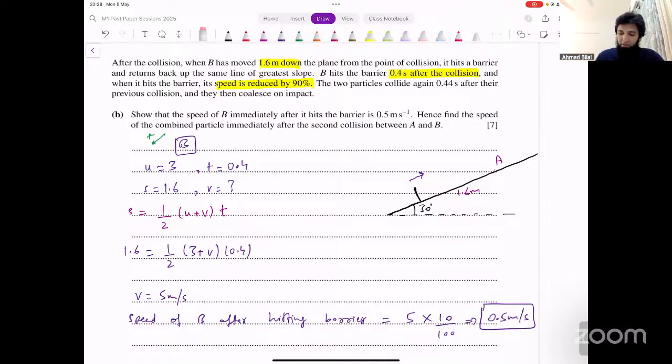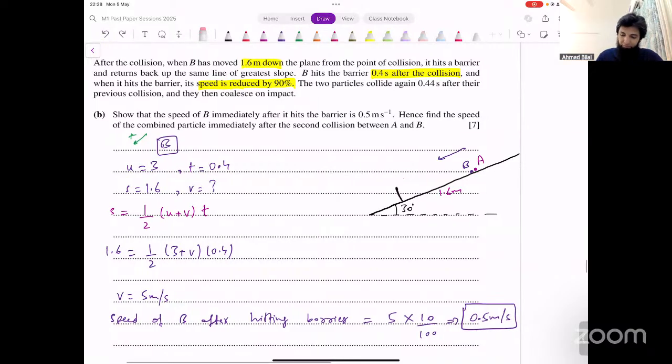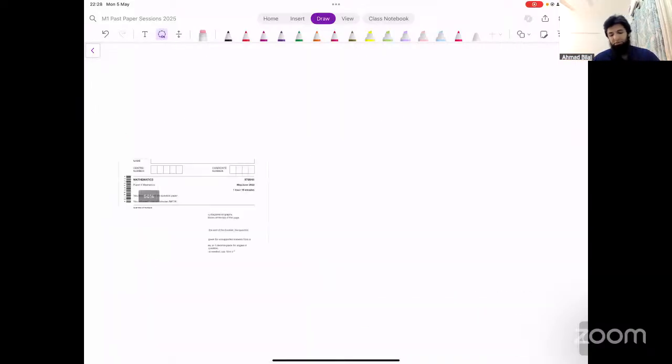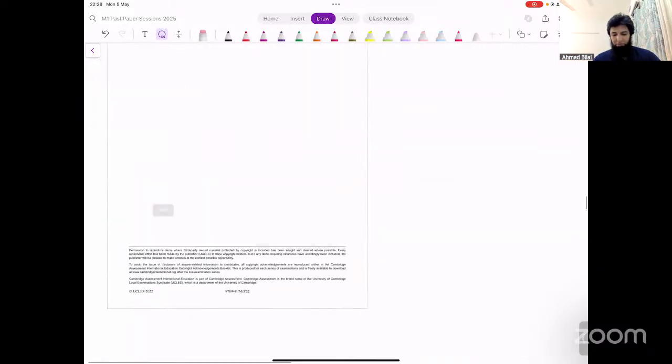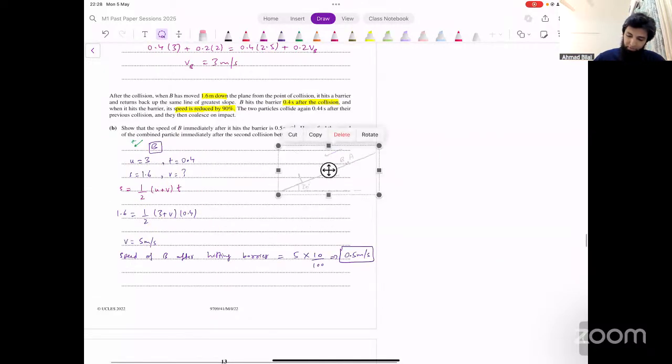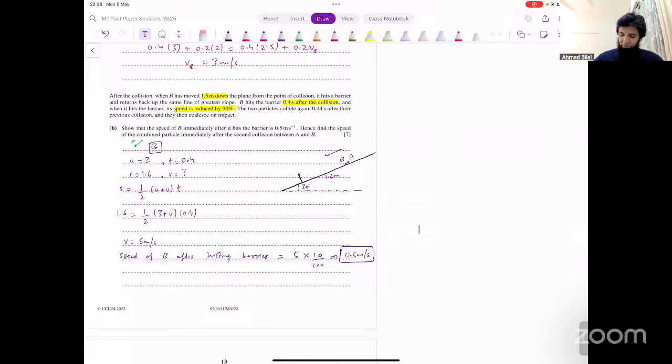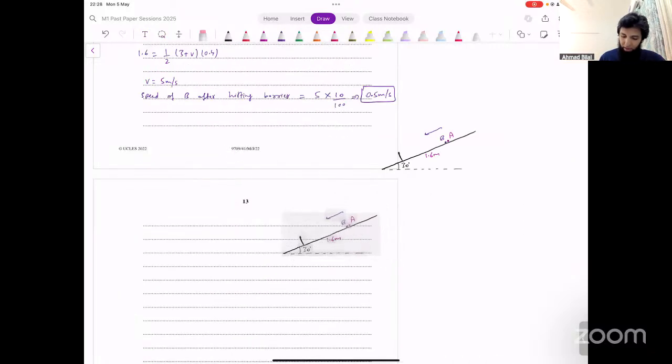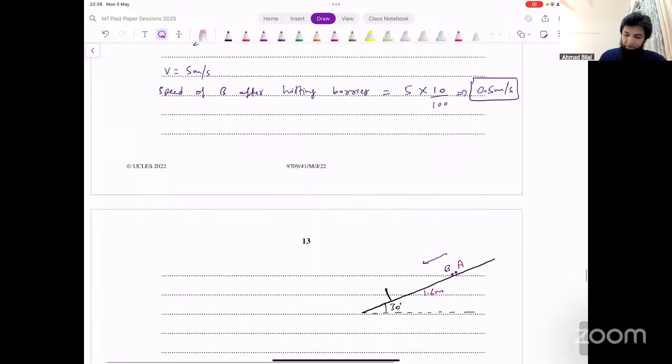So let's consider the second part of the journey now. Initially, the distance between the barrier and the starting point was 1.6 meters. Let me actually just copy this diagram. So we'll just leave it as it is for now. Okay, so now after B hits the barrier, the situation is like this.